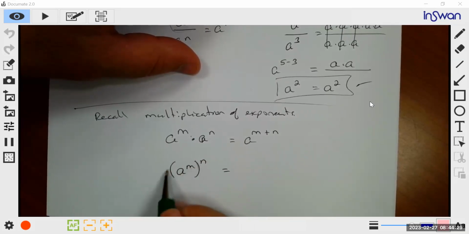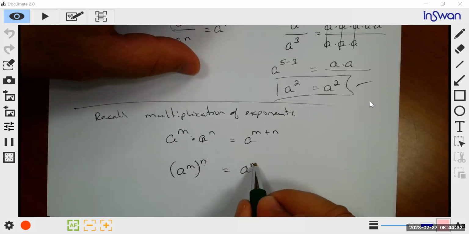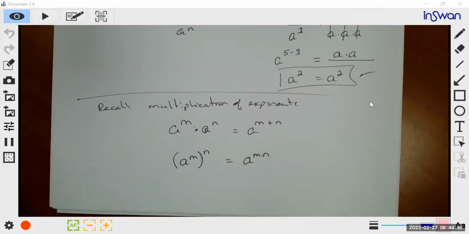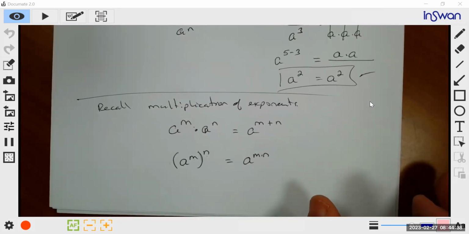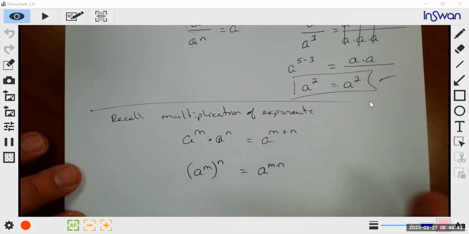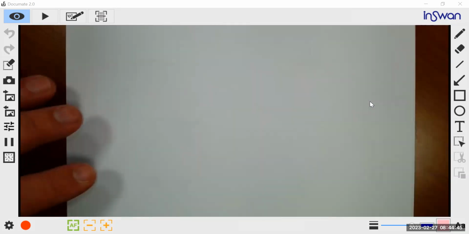And A to the power M, all that raised to the power N, you multiply the exponents. So those are reviews for those. All right.